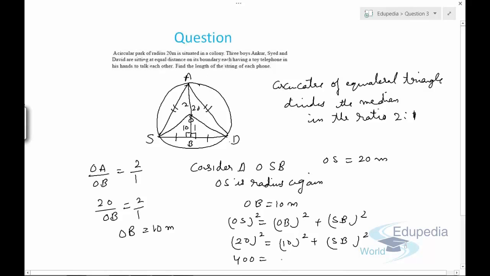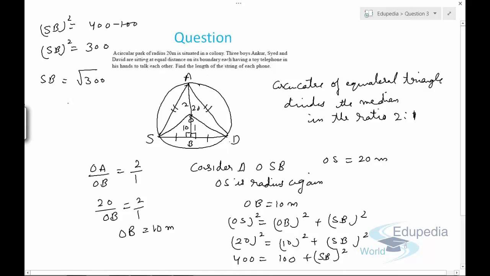So 400 equals 100 plus SB square, right? So SB square equals 400 minus 100, so SB square equals 300. So SB is under root 300, which comes out to be 10 under root 3, right?